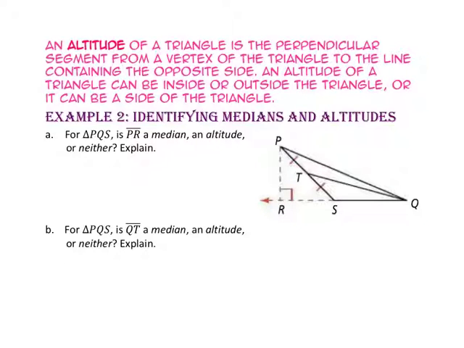In part A, for triangle PQS, is segment PR a median, an altitude, or neither? Well, since segment PR starts at the vertex P and is perpendicular to side QS, it is an altitude.